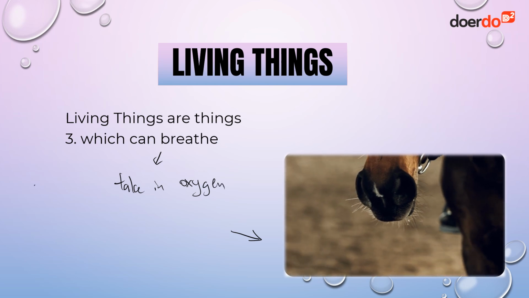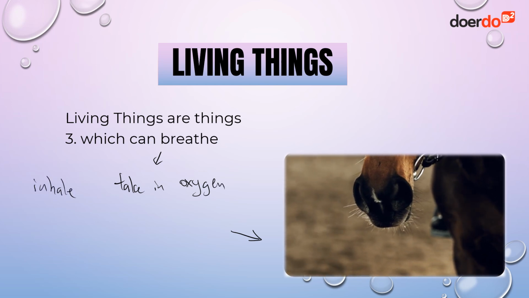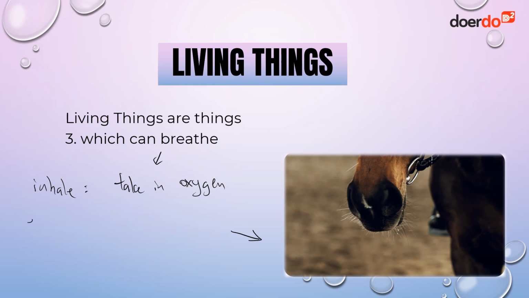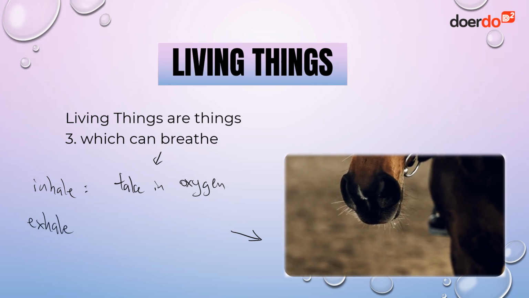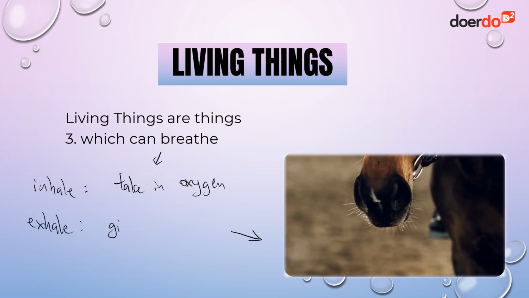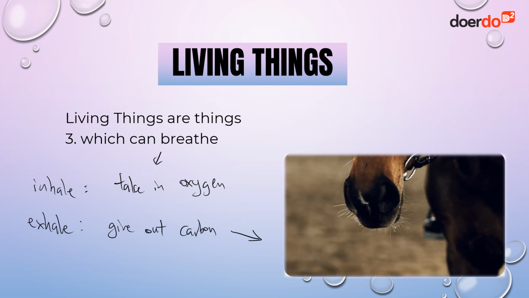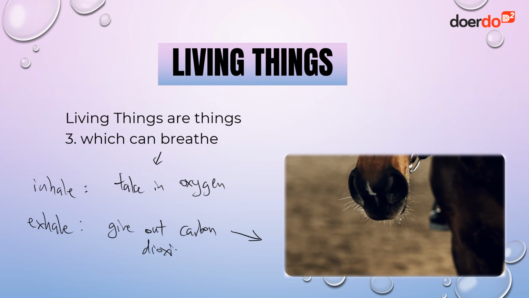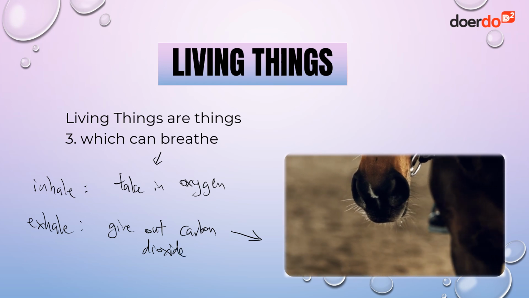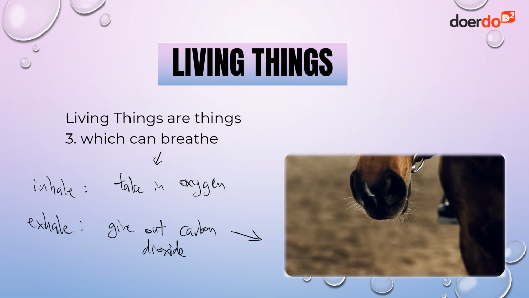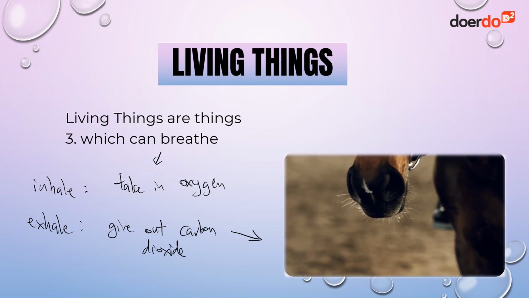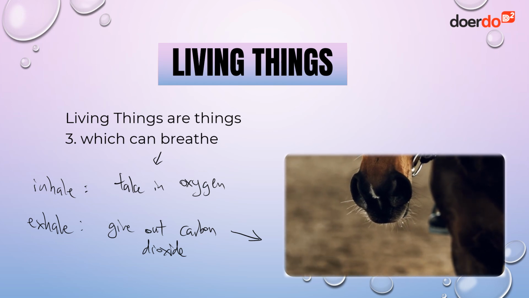So we inhale, we take in oxygen. We also exhale. When we exhale, what do we give out? We give out carbon dioxide, okay? So this is the process of breathing or what we call respiration. Okay, we respire, we take in oxygen and we give out carbon dioxide.